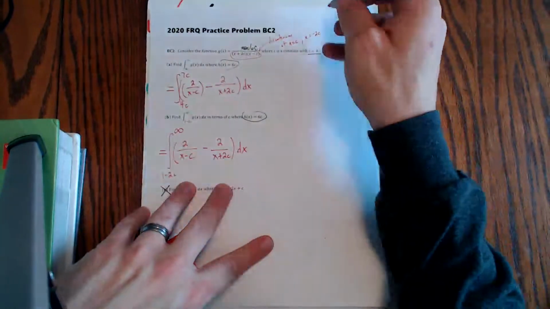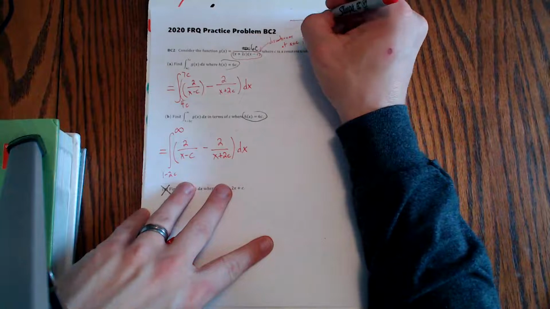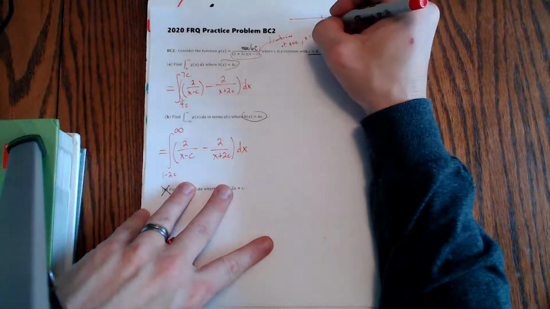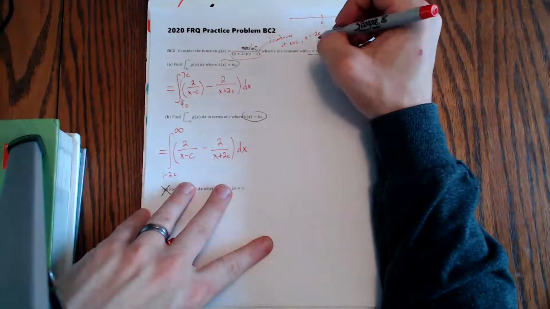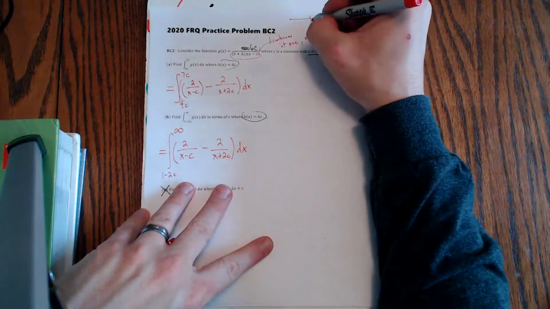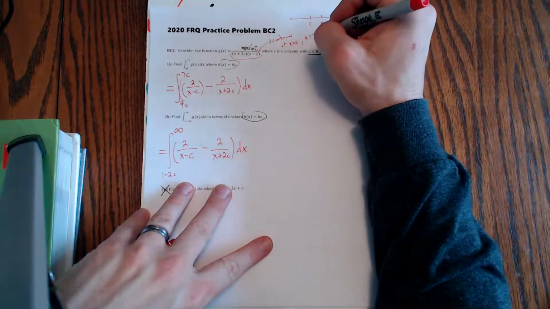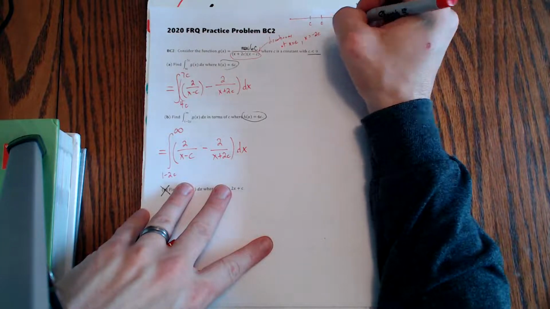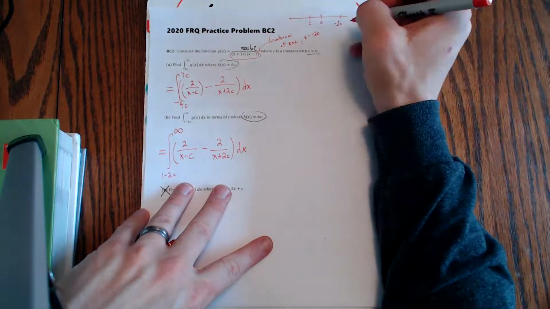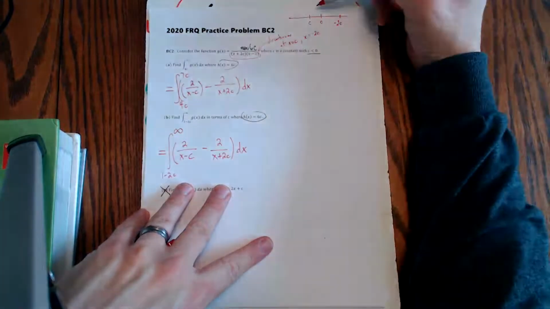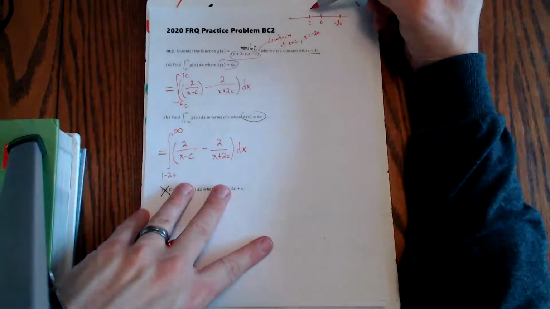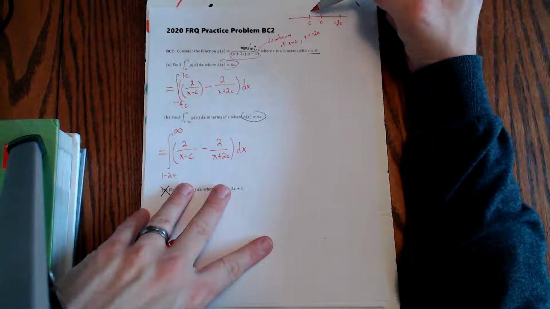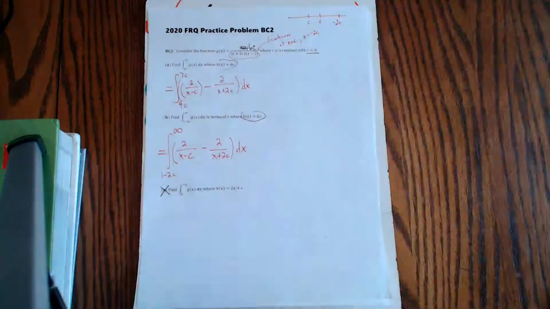With c being negative, if I arrange things on a number line, 0 would be here. Because c is negative, c would be on the left side of 0, and negative 2c would be on the right side of 0. So I just need to make sure that I'm not trying to integrate through either of these discontinuities as I do an integral.